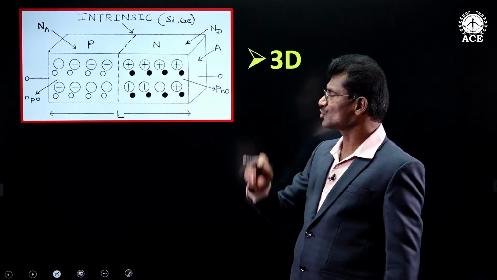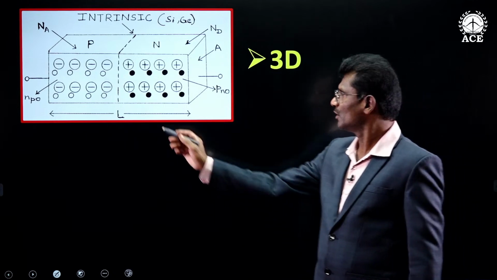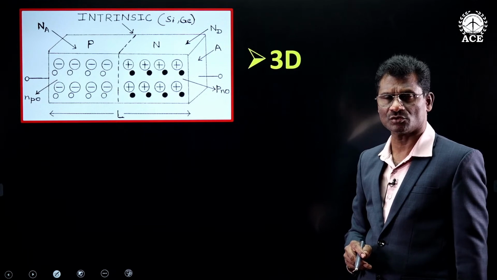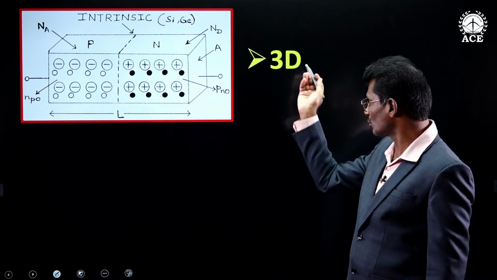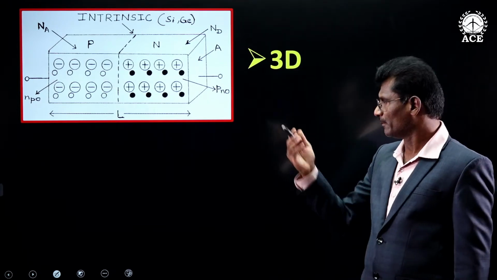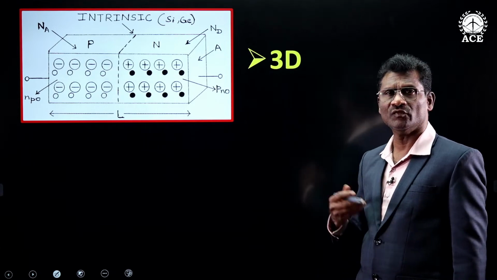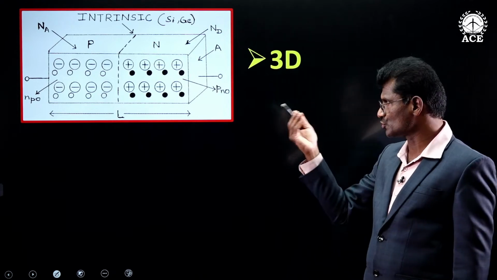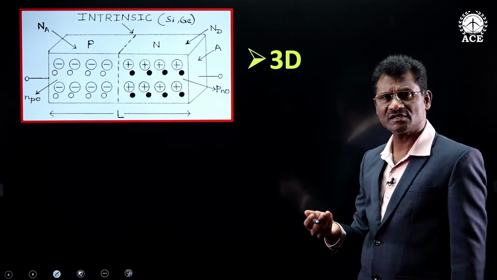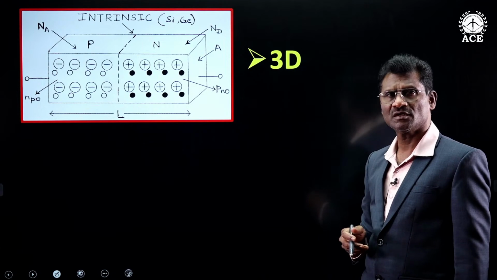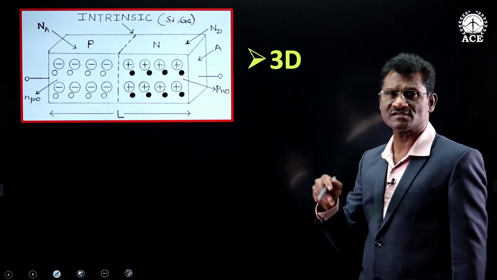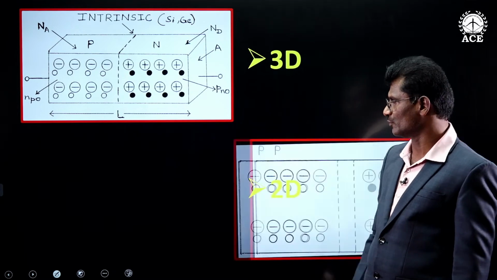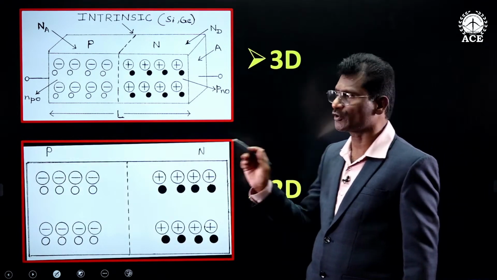Now this is looking like a 3D view. Length, width, height, all three dimensions are shown, called 3D. But in the future we need to draw such diagrams multiple times. So to take care of an easy method of representation, such that a student can easily understand, from now onwards I'll show you a 2D view of the same notation.